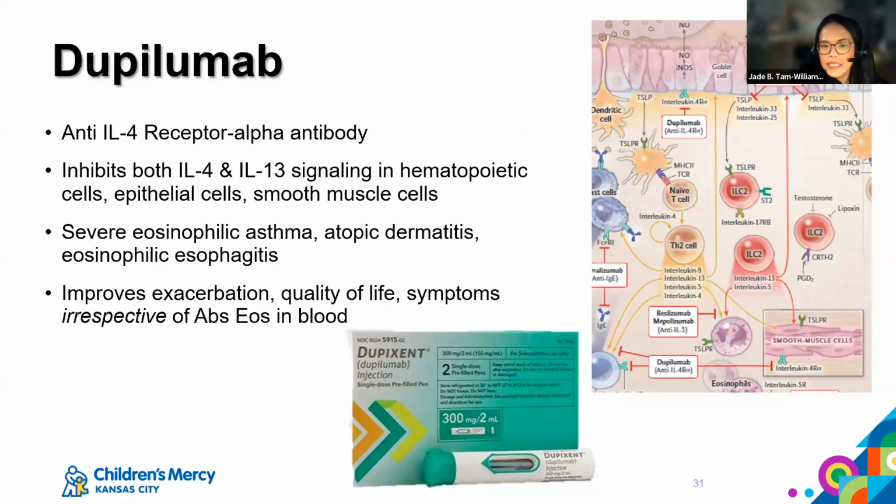Dupilumab is an anti-IL-4 receptor. So again, going back to acting on different types of these cytokines, dupilumab has become very prominent in the marketplace because it's been found to be very effective for a couple of different things, including eczema, eosinophilic esophagitis, as well as asthma. The nice thing about dupilumab, another reason why I think it's become more popular, is it seems to work irrespective of the total number of absolute eosinophils in blood.